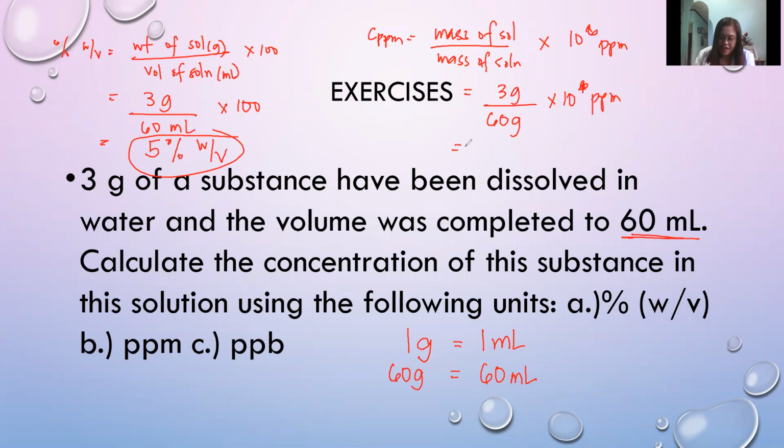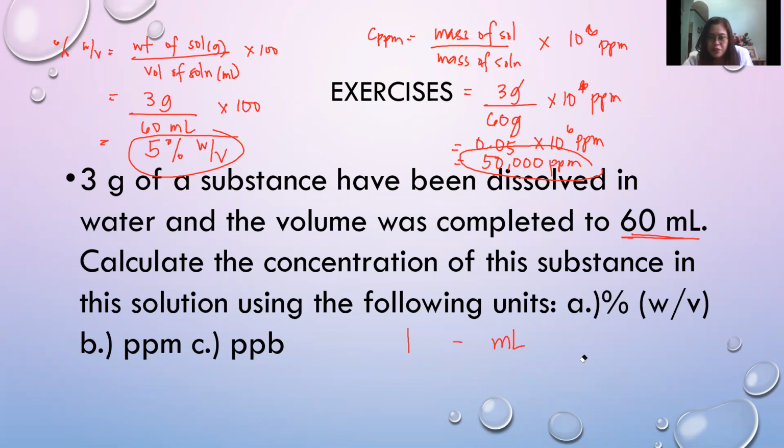So 3 divided by 60, it's 0.05, makancel ang grams, times 10 raised to the power of 6 ppm. So you have 50,000 ppm. So we have the same answer also for the ppm. Okay? And then let's erase this. Do not forget the conversion factor sa water, ha?